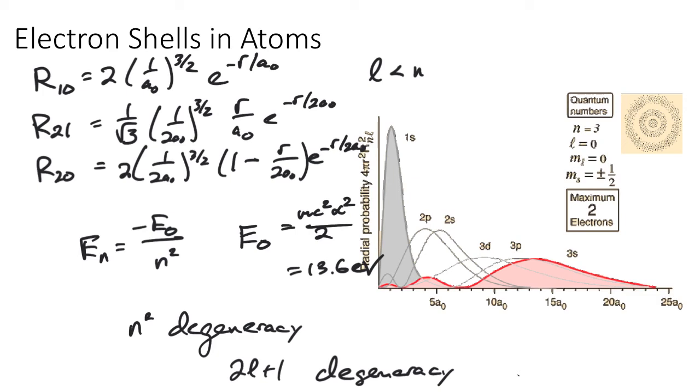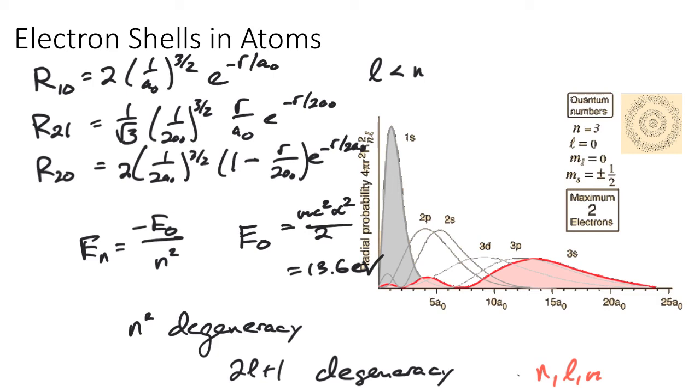However, we can still use this basis for talking about the various states that the electrons can be in. In particular, we're going to have the quantum numbers n, L, and m to talk about the states that the electrons can be in.